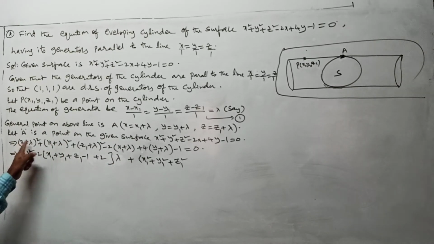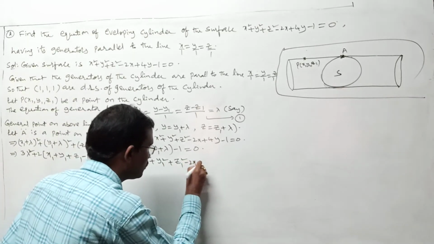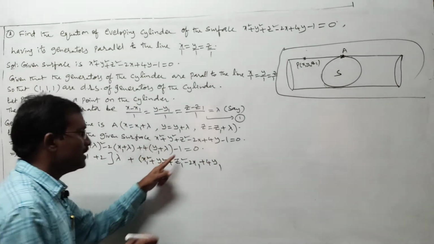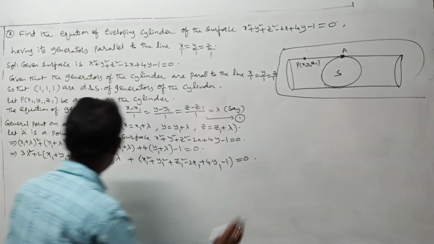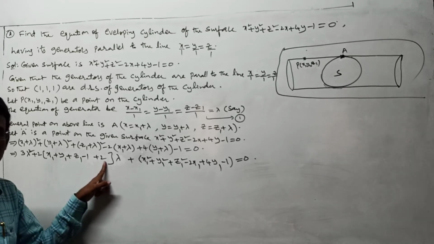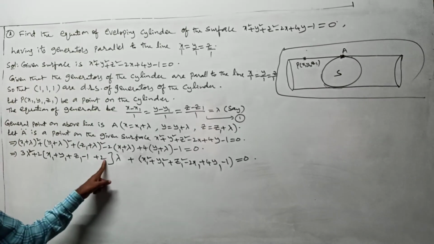Next here, x1 square plus y1 square plus z1 square minus 2x1 plus 4y1 minus 1 is equal to 0. Any doubt with this? Especially concentrate here. Minus 1 plus 2 is what? Plus 1.